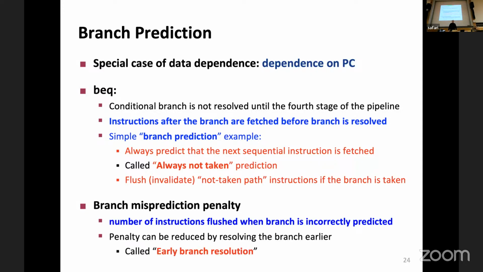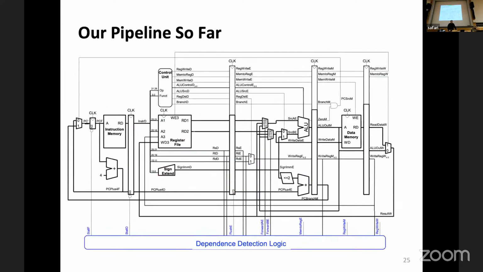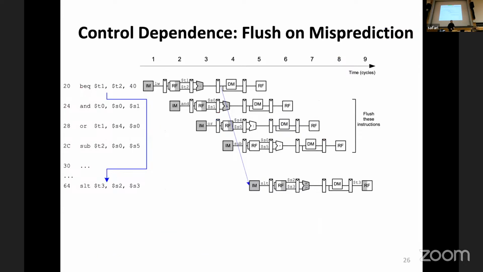So in MIPS and also in modern processors, in order to reduce this misprediction penalty, people use early branch resolution. Let's see. This is our pipeline so far, where we have only forwarding paths for data. This is an example instruction: BEQ is going to compare T1 and T2, and this is the offset for the next instruction if your branch is taken.